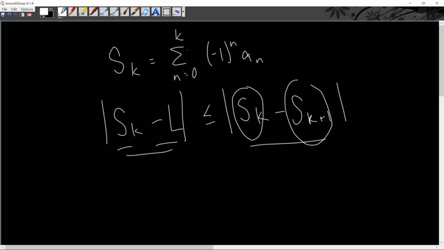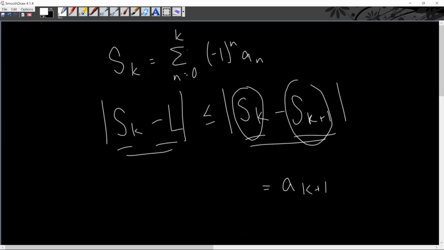And the sum up to k is 1 term less than the sum up to k plus 1. So this sum up to k minus the sum up to k plus 1 is just one value, the k plus 1th term. So that's really cool. It's essentially saying that the error between the sum up to k and the actual true limit of this series is just the k plus 1th term.